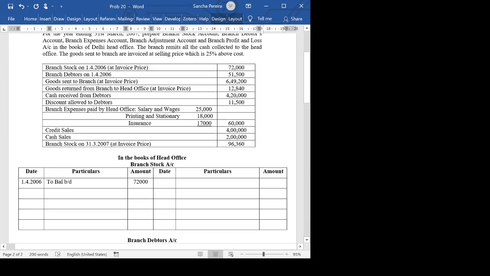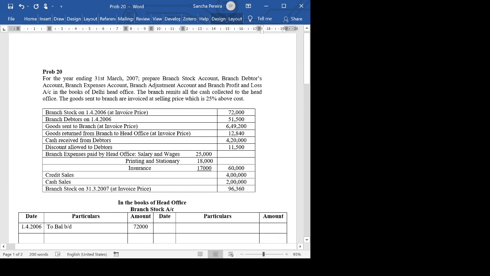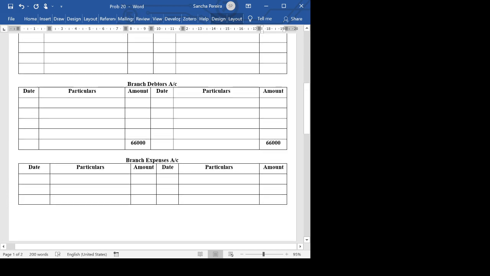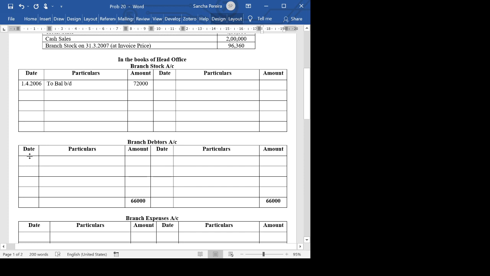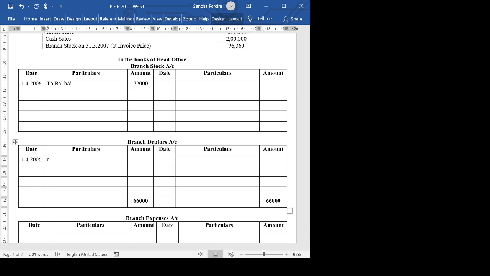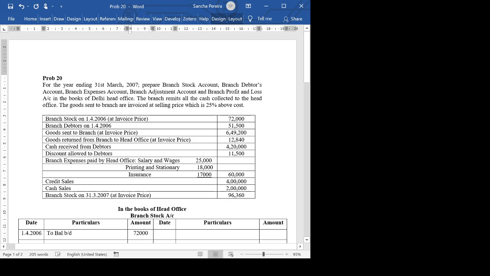14,400. Similarly, we have the opening balance of debtors, 51,500, 1st April 2006, to balance brought down. Then we have goods sent to branch at invoice price.